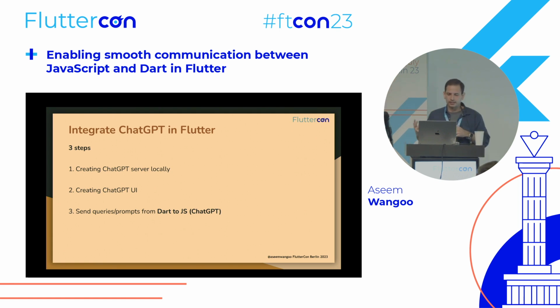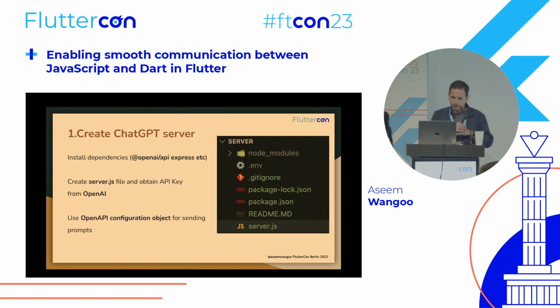The second is we need to create the ChatGPT UI. And the third is we need to pass in the prompts, whatever the user says, to the ChatGPT, which will be done from Dart to JS thanks to this interoperability.